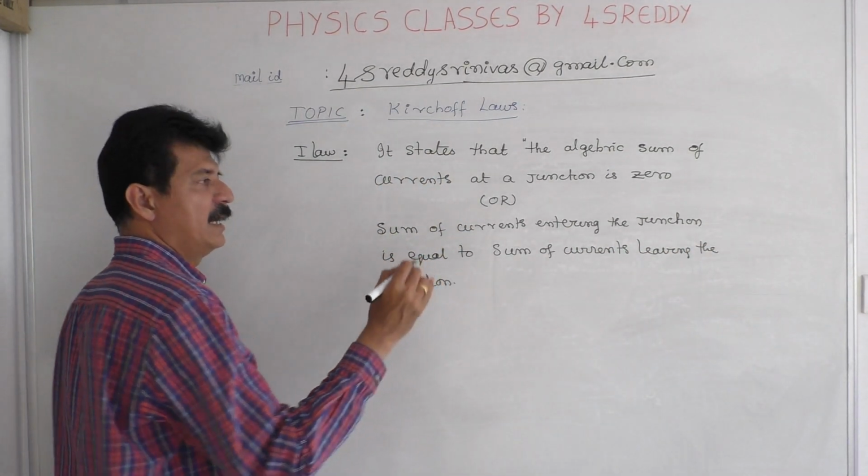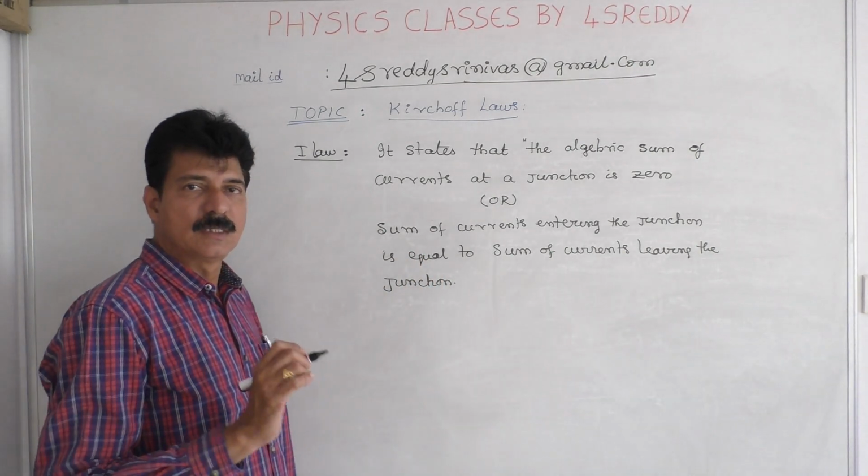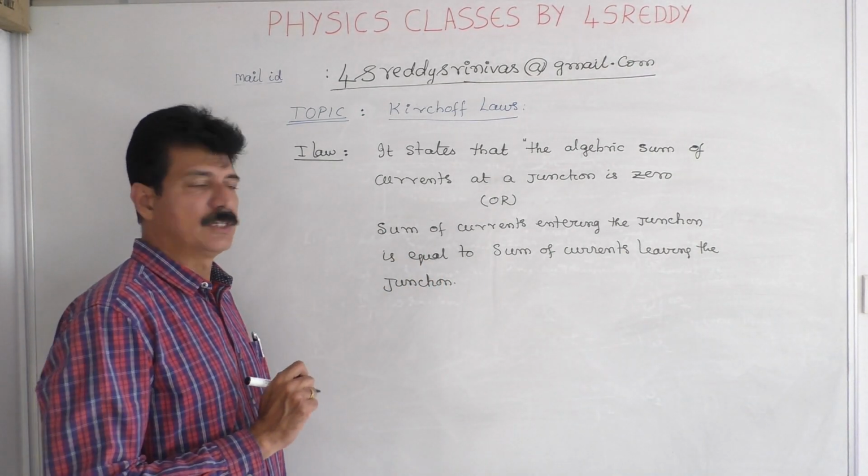Sum of currents entering the junction is equal to sum of the currents leaving the junction.